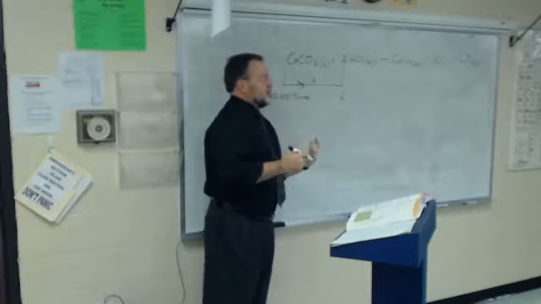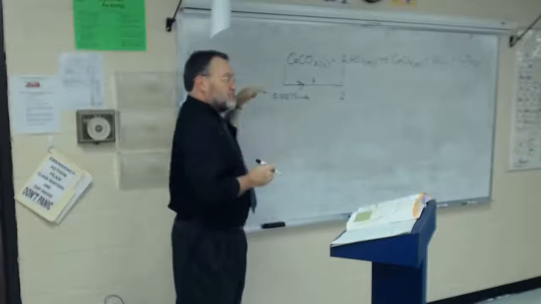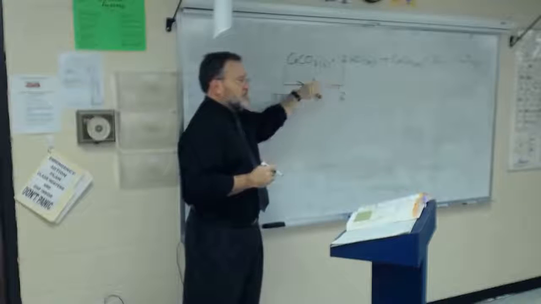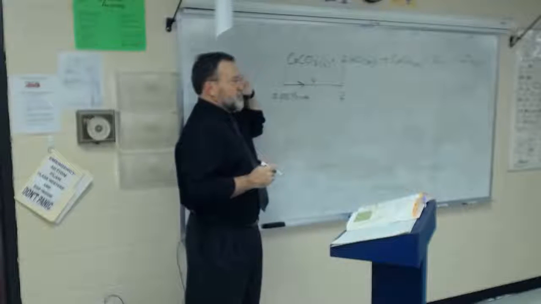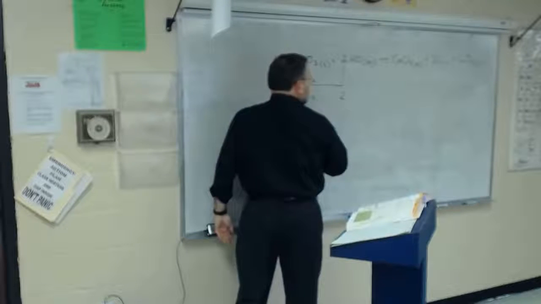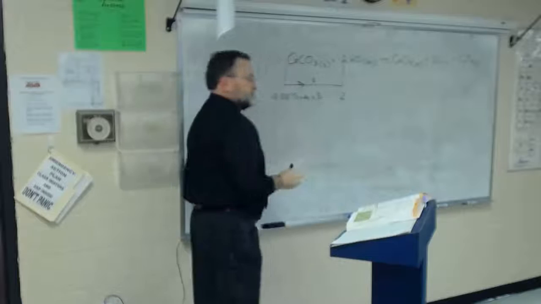What's my conversion factor? As I move from here in this direction, which number do I hit first? 1. So I drive it under, and my conversion factor becomes 2 to 1.